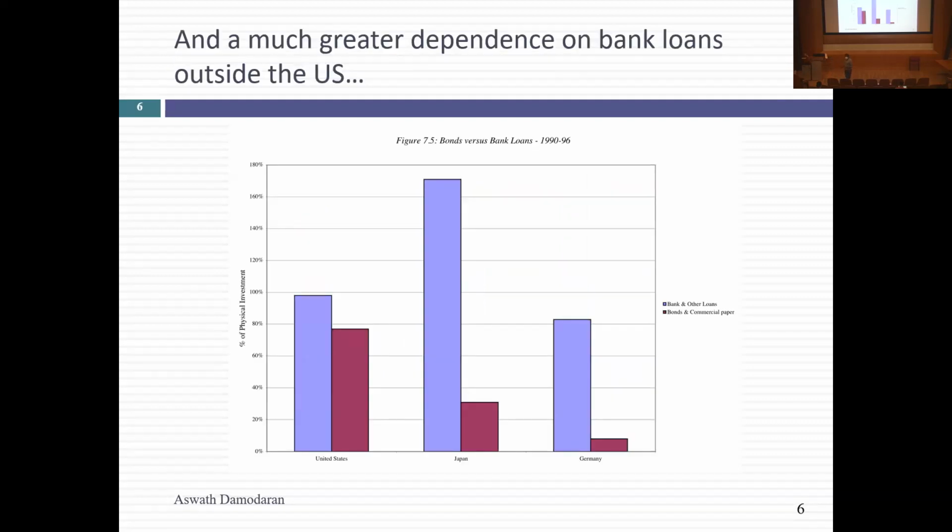And in the US, there's a much greater dependence on the part of companies on corporate bonds as opposed to bank debt. In fact, let's take a pause there and let's think about it as a company. Borrowing money through a bank as opposed to corporate debt. What are the pluses and minuses of using corporate bonds as opposed to bank debt? Yeah.